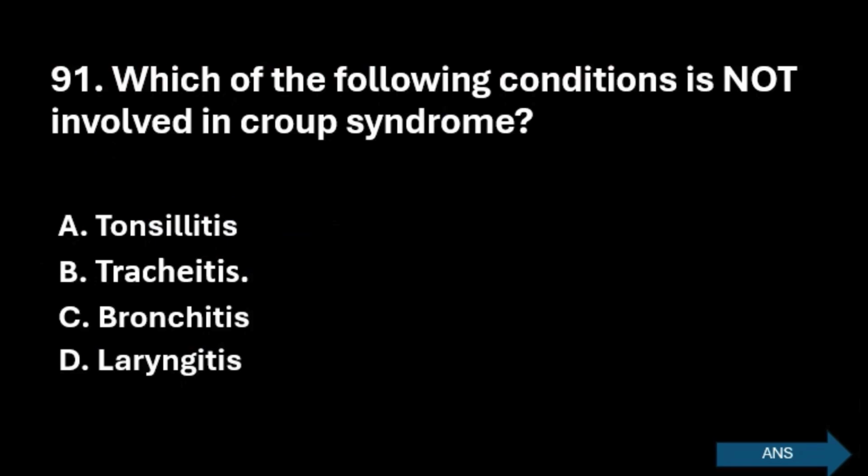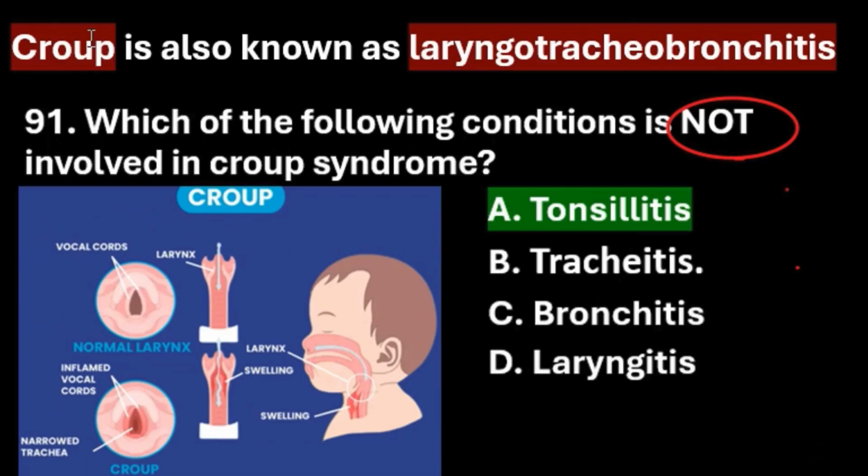Next question. Which of the following conditions is not involved in croup syndrome? Option A, tonsillitis. Option B, tracheitis. Option C, bronchitis. Option D, laryngitis. The right answer here is option A, tonsillitis. Croup is also known as laryngotracheobronchitis. So the word not is involved.